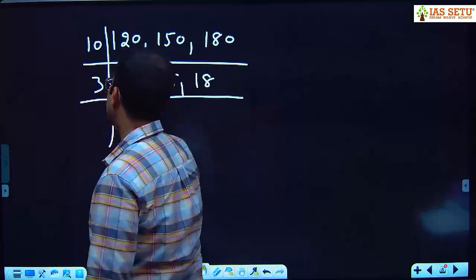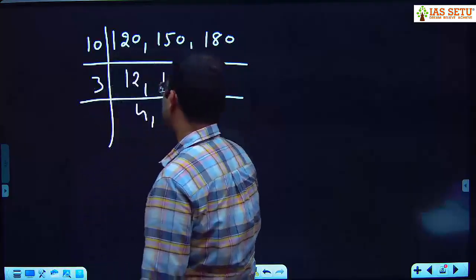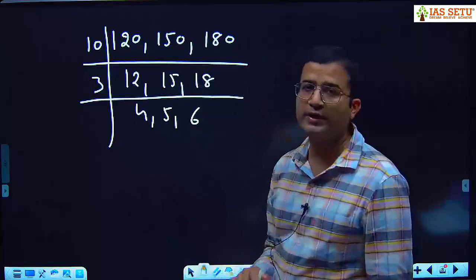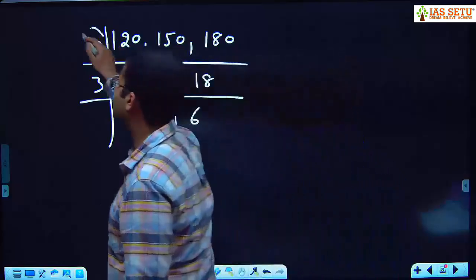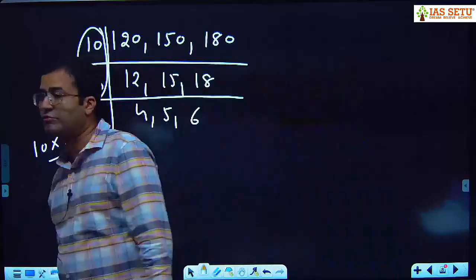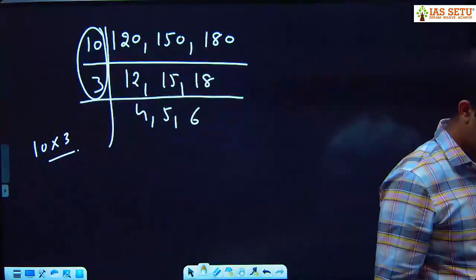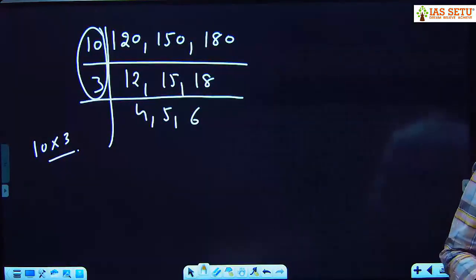Then take 3 common: 4, 5, 6. 4 and 5 are co-prime, 5 and 6 are co-prime. You can't take any other common factor. So it is 10 into 3, 30. So the HCF of 120, 150, 180 is 30. Okay.